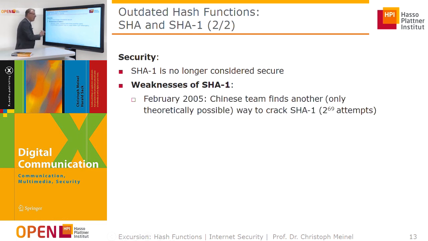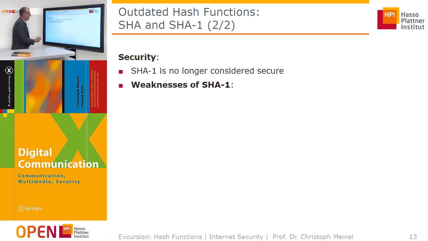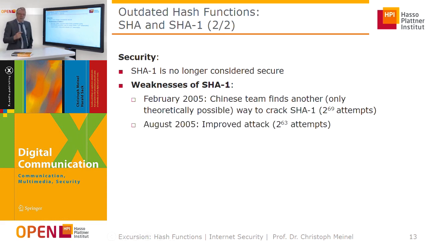When we speak about security, SHA-1 is also no longer considered secure. The first messages about the weakness of SHA-1 came in February 2005, when a Chinese team found another, only theoretically possible attack, a way to crack SHA-1 with 2 to the 69 attempts. This was improved in August 2005, so it was possible to produce a collision in 2 to the 63 attempts.